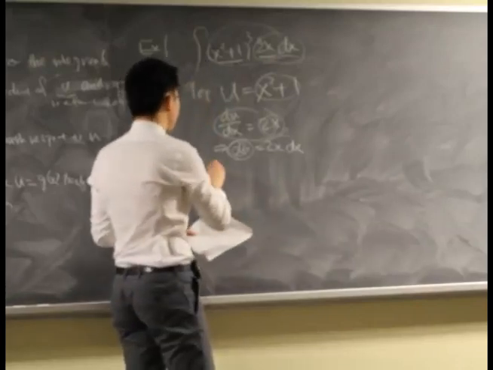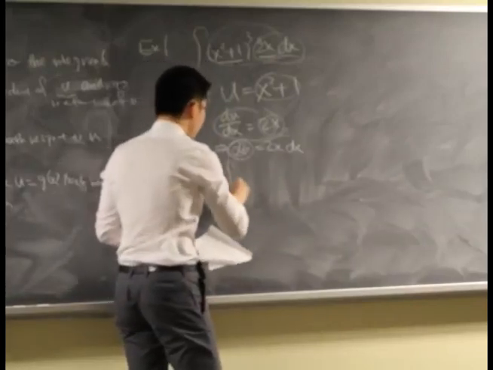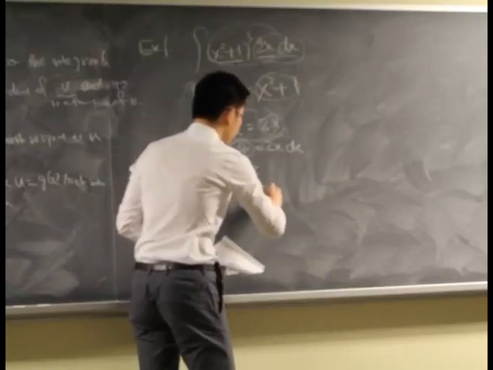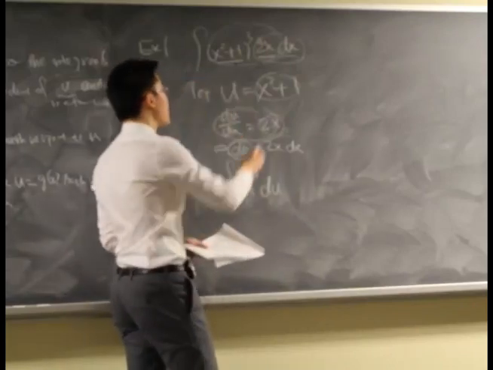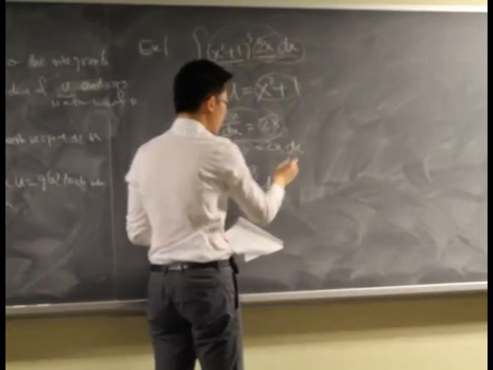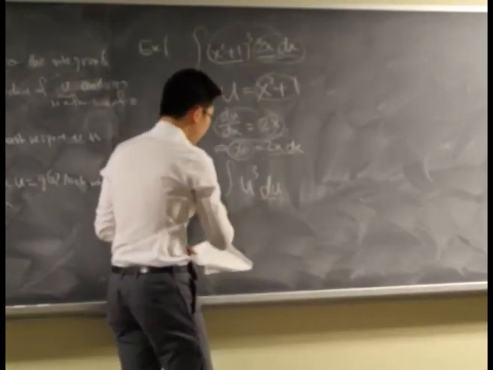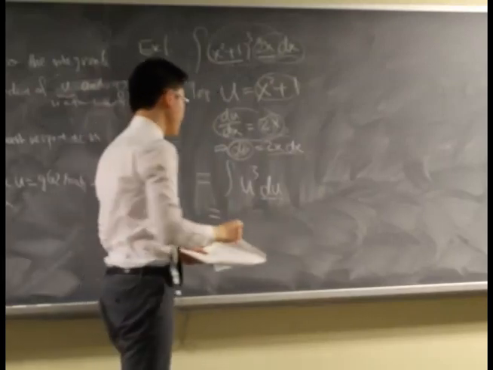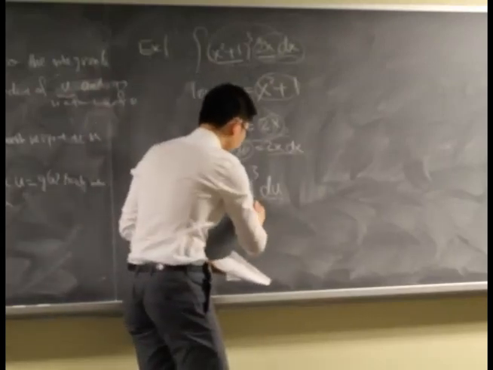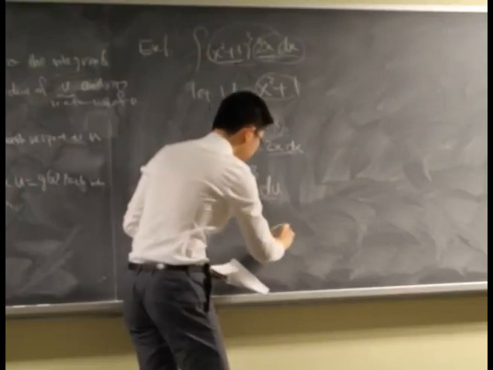So let's continue with the integration. It's going to be equivalent to the integral of u cubed du, because 2x dx, as I said right here, is du, and x squared plus 1 is u. And this is obviously a very easy integration to do. It's going to be u to the power 4 over 4 plus c.